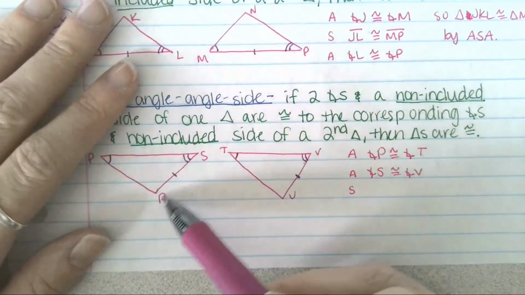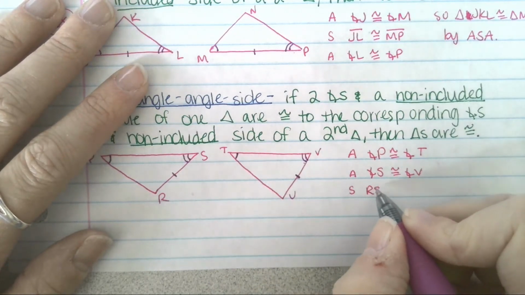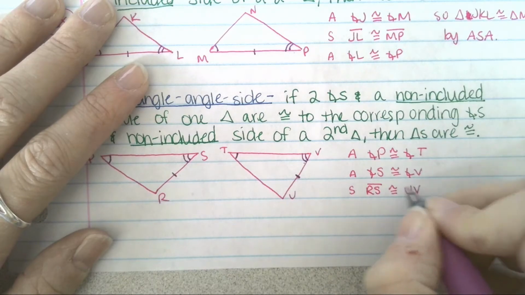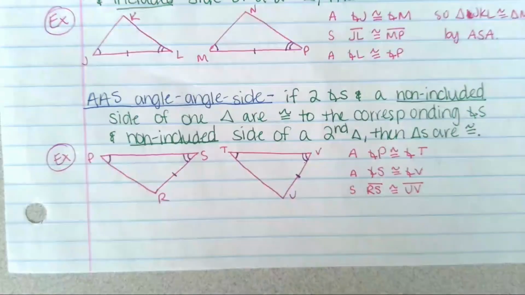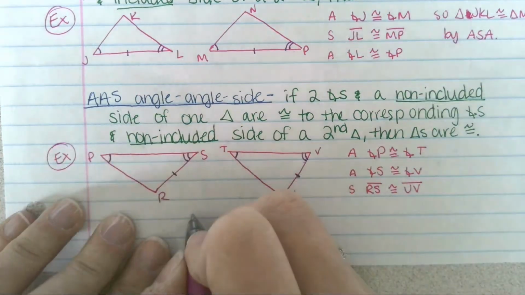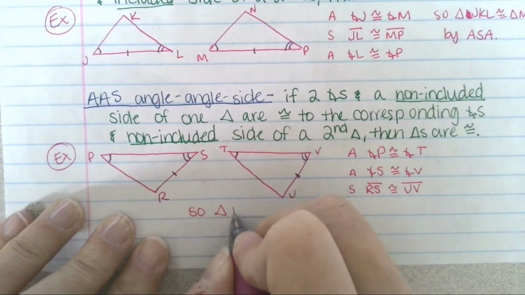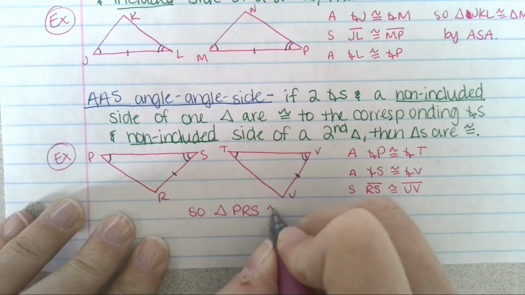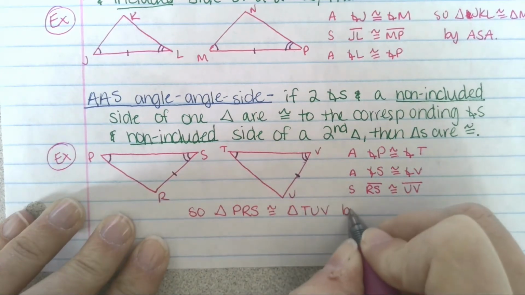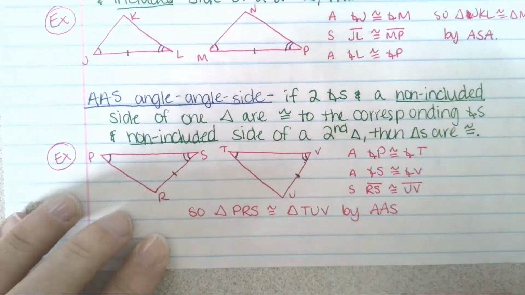We'll do RS congruent to UV. And so we can say that triangle PRS is congruent to triangle TUV by angle, angle, side.